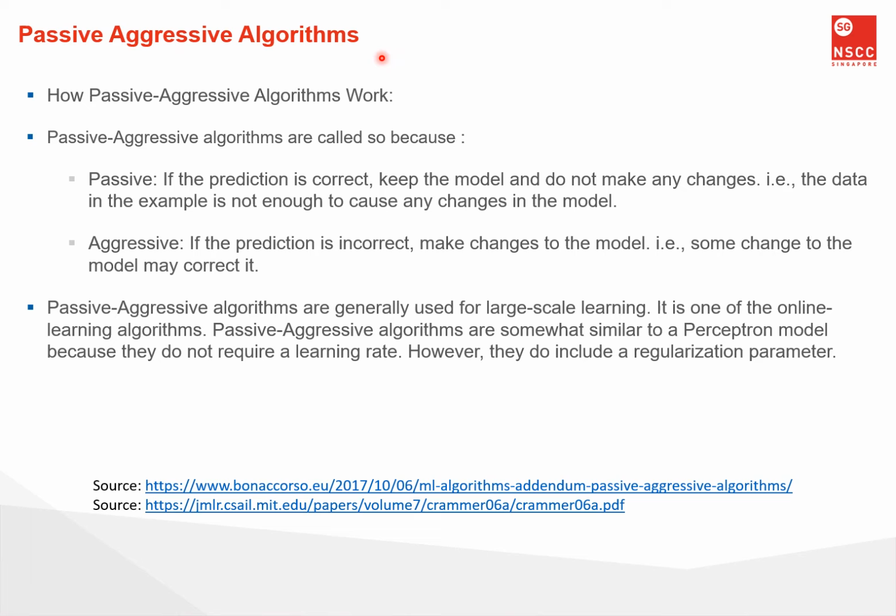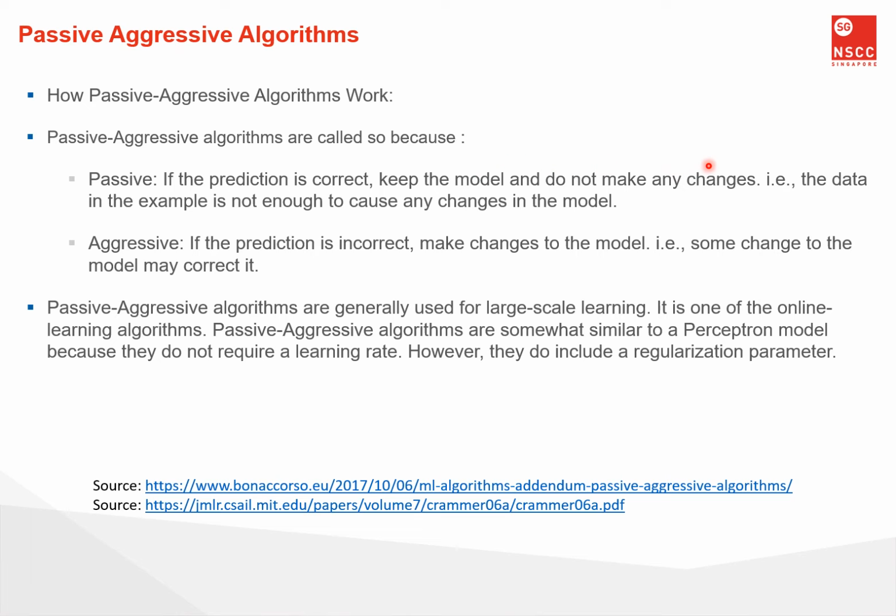So in this slide, we have a little bit more detail about the passive aggressive classifier and regressor that we mentioned earlier, and it is just a basic overall picture of how these passive aggressive algorithms work. They are called passive aggressive algorithms because there's a passive mode and there's an aggressive mode. The passive mode is when the prediction is correct. If the model predicts the result correctly, we keep the model and don't make any changes.